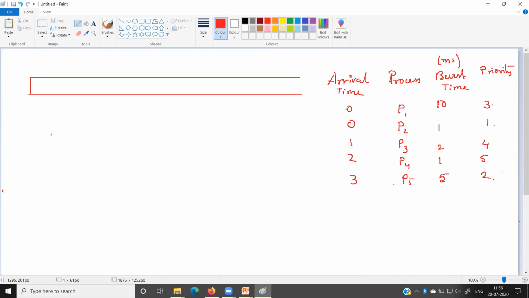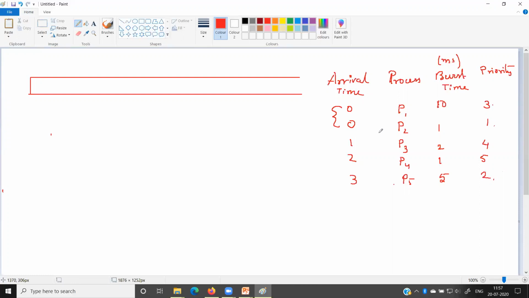So if you observe at the beginning, that means at the starting of the execution, two processes, P1 and P2, are present inside the ready queue because both arrived at time 0.